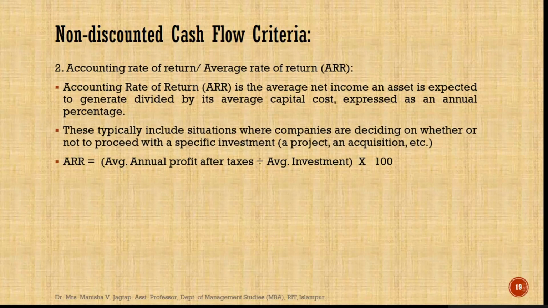As it is calculated in a percentage, we have to multiply it by 100. Now, how to calculate average investment? Average investment is equal to original investment divided by 2.